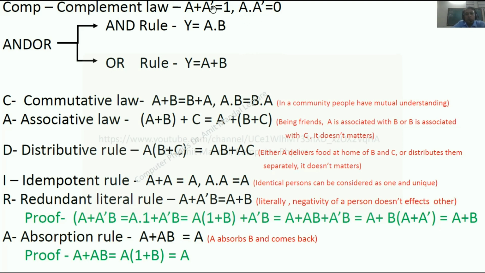So it is very simple to learn: in case A is added to A complement, if A is 0, A complement will be 1, so 0 plus 1 will be 1. Similarly, if A is 1, then A complement will be 0. Okay, then also it will be 1. And in the case of multiplication, if any one of the two is 0, the output is 0. So if A is 1, A complement has to be 0, so 1 into 0 will be 0.